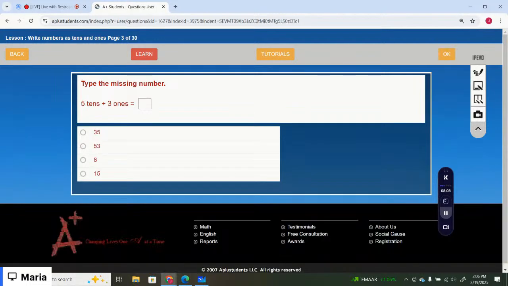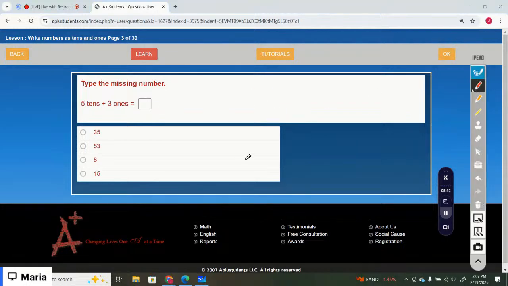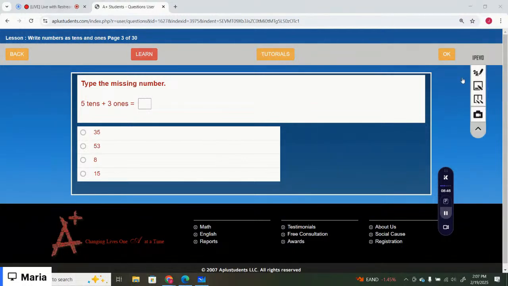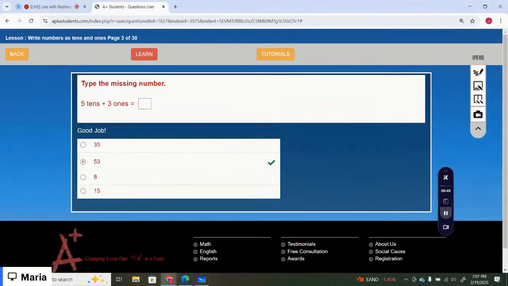Option 2 is the correct option. Five tens plus 3 ones: five tens and three ones together make 53. Option number 2 is the correct option. That is 53.